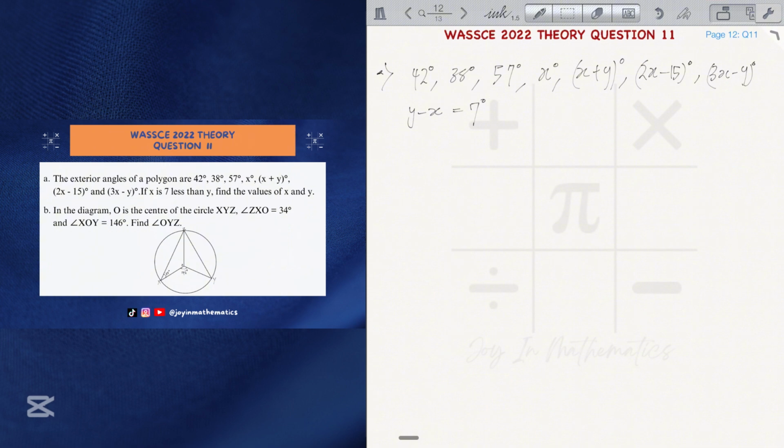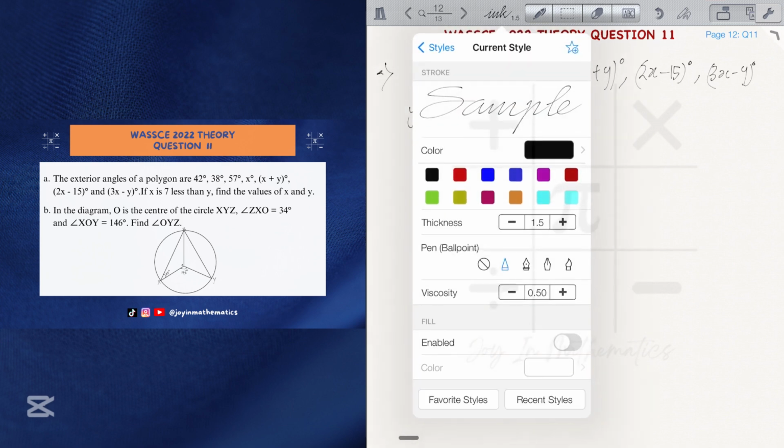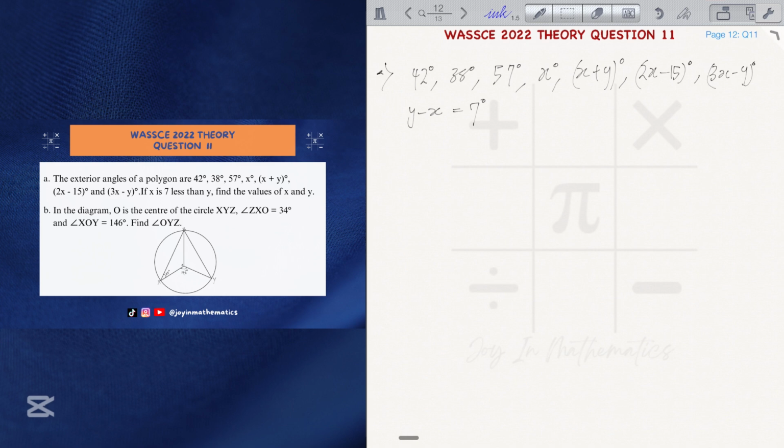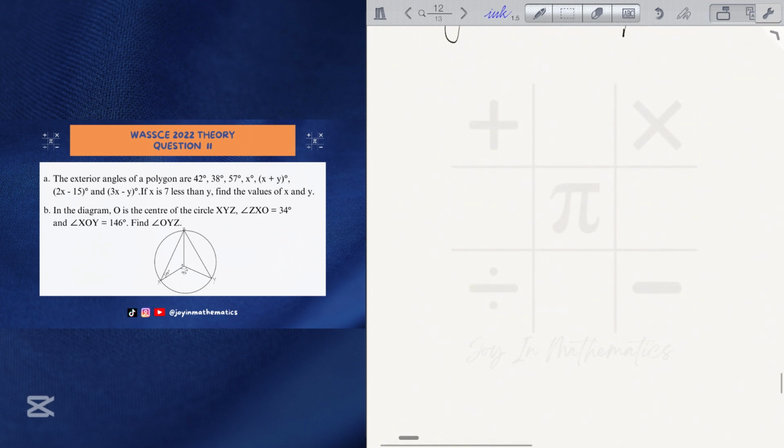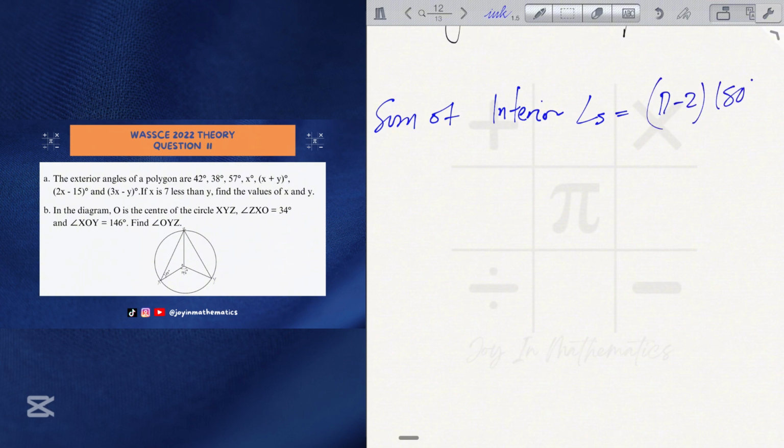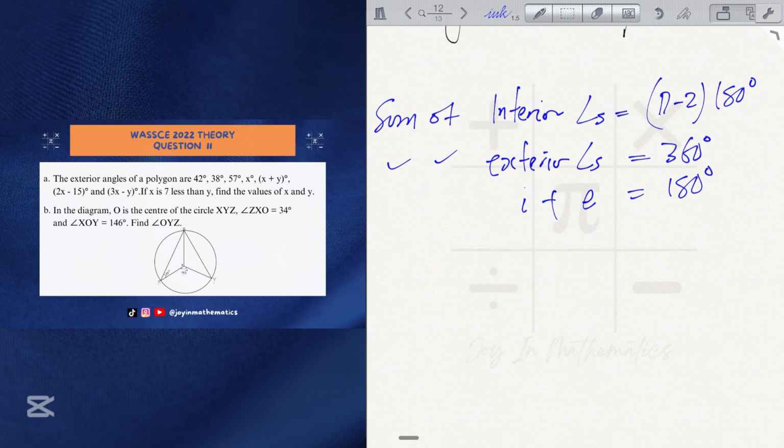So now, how do we solve this question on polygons? If you recall, while we were solving our objective section, we had formulas on polygons: the sum of interior angles is equal to (n minus 2) multiplied by 180 degrees, the sum of exterior angles is equal to 360 degrees, and the interior angle plus the exterior angle is equal to 180 degrees.